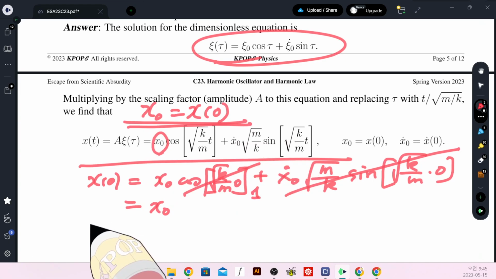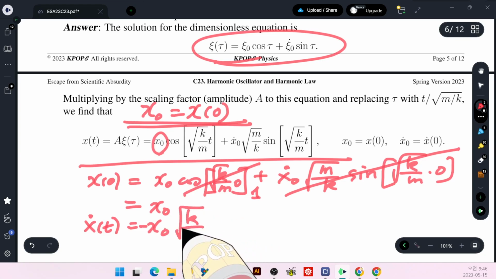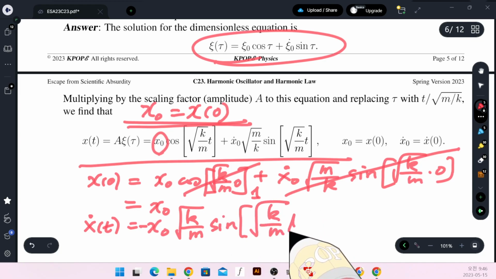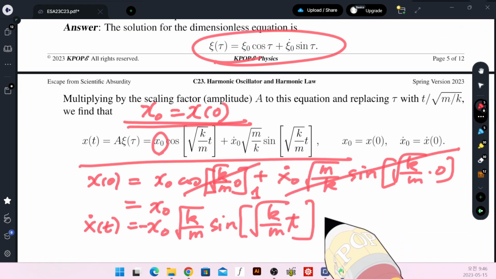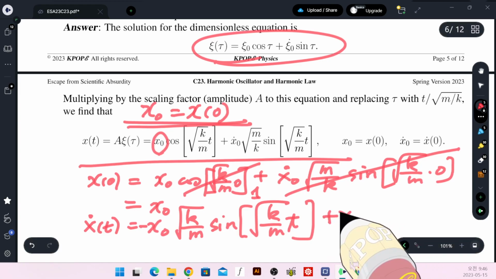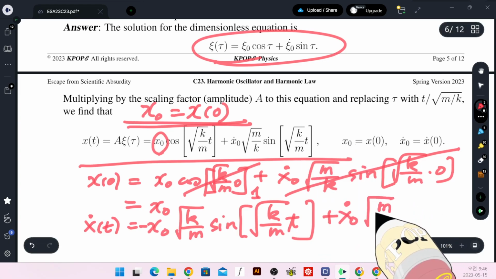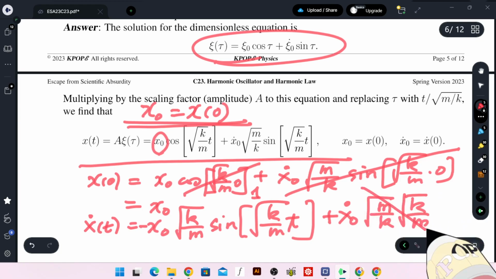What is the velocity? x dot of t in general is x0 cosine becomes a minus sine, and we have square root of k over m, sine square root of k over m t. Take the derivative, sine becomes cosine. But if I have this one differentiated, this factor cancels and it becomes cosine.